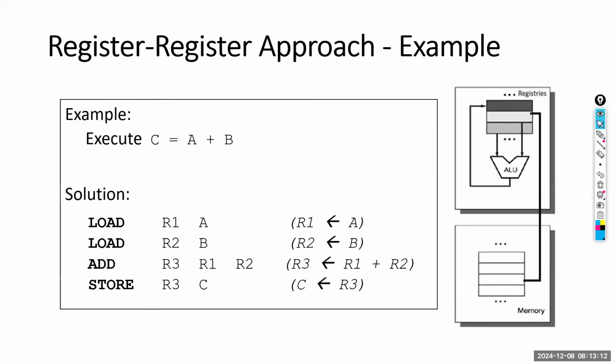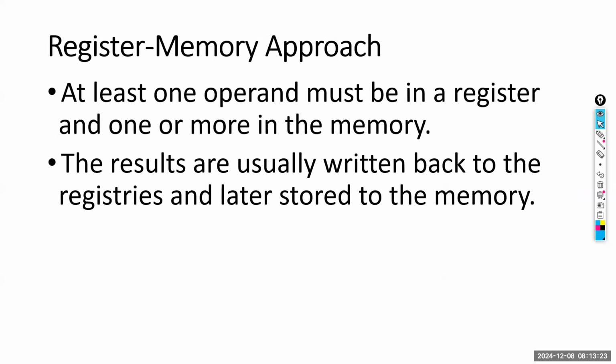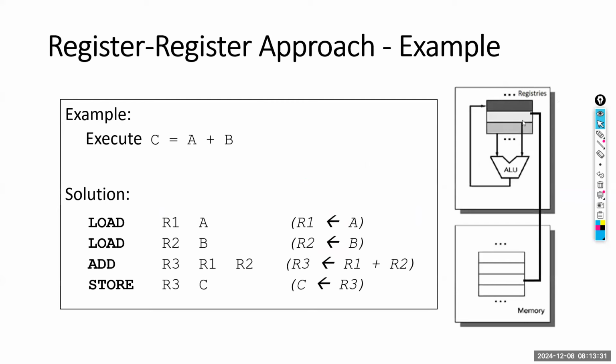Okay, so that is if you go for the register approach. Of course, modern computers use the register approach. Okay, but if the computer uses the register memory approach, that means your assembly code can refer to memory addresses also. Here, your ALU always takes inputs from registers, okay? And writes the results to registers.